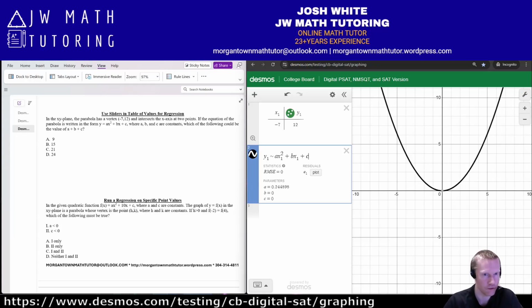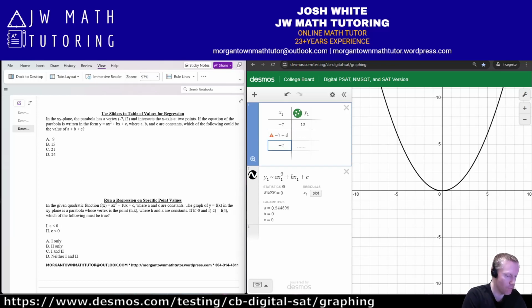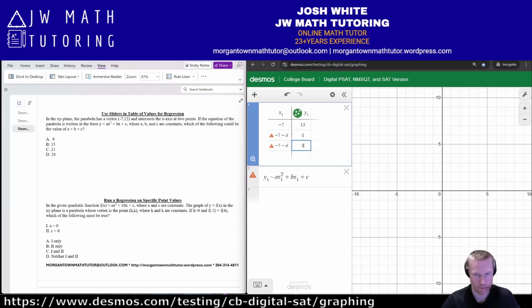Also, this is the vertex as well. So what we can do now is go to the table, and I know that the two x-intercepts are going to be symmetric with respect to the vertex, meaning one of them is going to be the same distance horizontally to the right, and one the same distance horizontally to the left. And since they're x-intercepts, I also know that their y values will be 0.